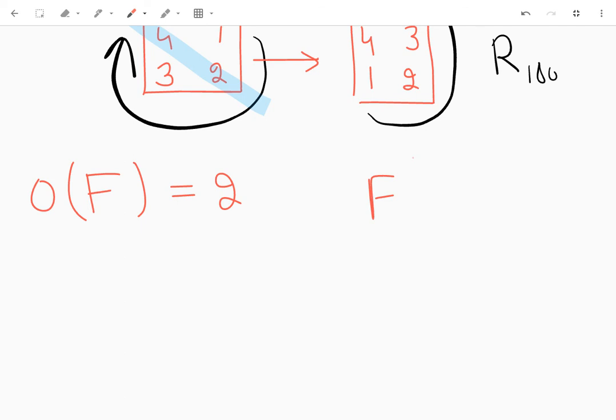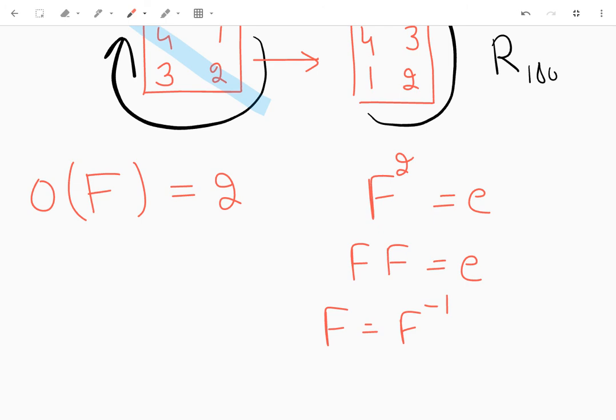That means F squared gives us identity, right? And what this means is that F operated on F gives us identity. And what this means is that F is the inverse of itself. Okay.